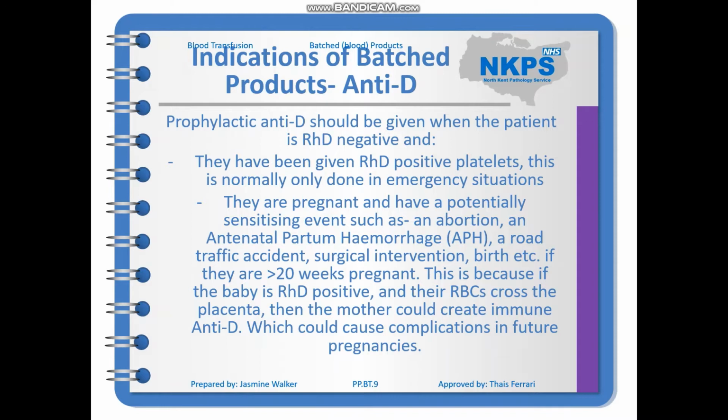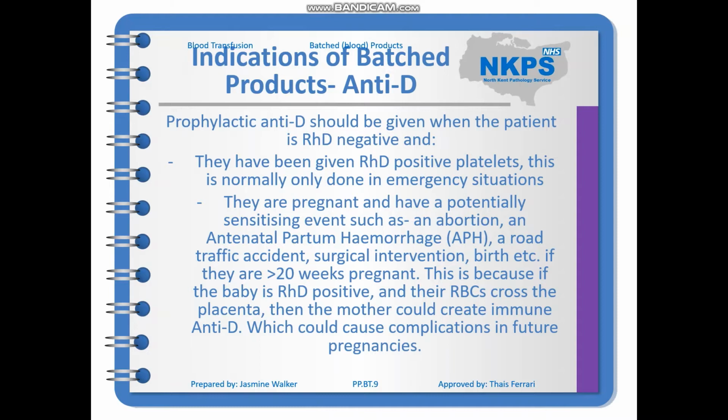And normally this would be given to patients who don't want to create anti-D, so patients of childbearing age, children, patients who are multiply transfused, possibly, because it will make it more complicated to give them blood, but it will be down to your laboratory's procedure as to how and when that's issued in that circumstance.